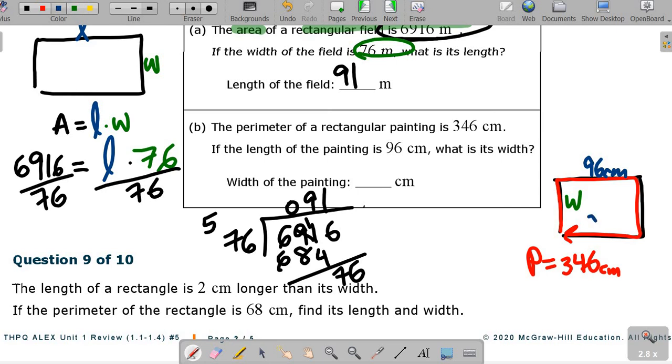Well, in this case, this is 96 as well, and we have another width here. So we can simply go 346 equals 2 times 96 plus 2 of our widths.